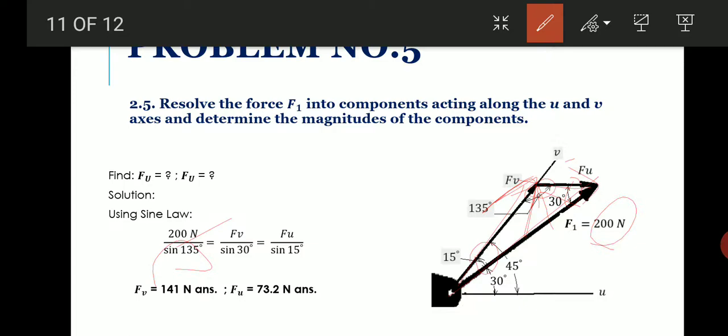So 200 over sine 135 is equal to Fv, or the force acting on the V axis, that has an opposite angle of 30 degree, and it's also equal to Fu with opposite angle of 15 degree. So we find the answer of 141 Newton and 73.2 Newton.